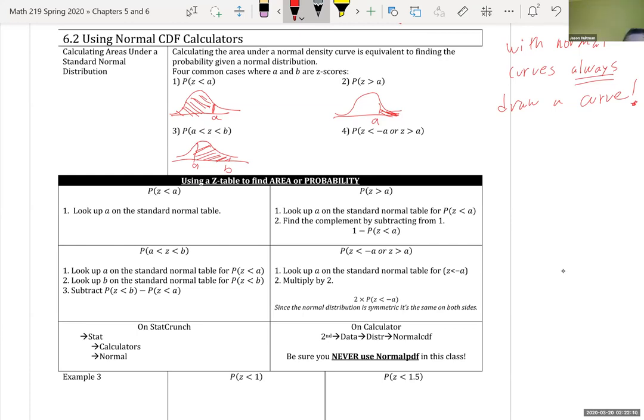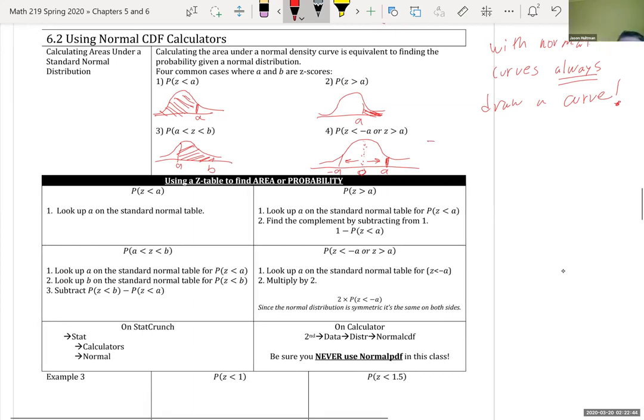Now, what about from negative A to positive A? Well, that's going to have some symmetry involved. If we look at the mean here, it should be symmetric between negative A and positive A, which means we really could find just the probability from 0 to A and then double it.